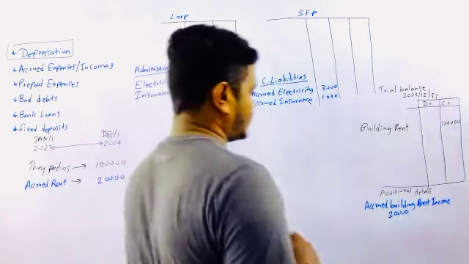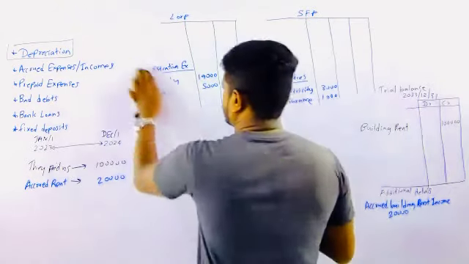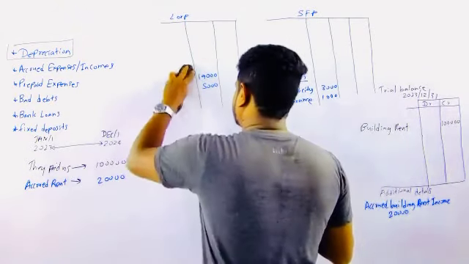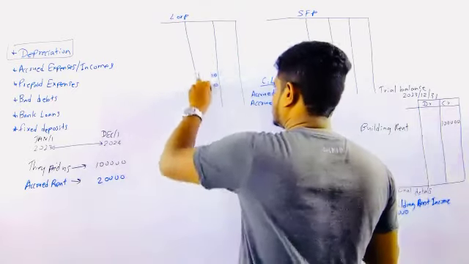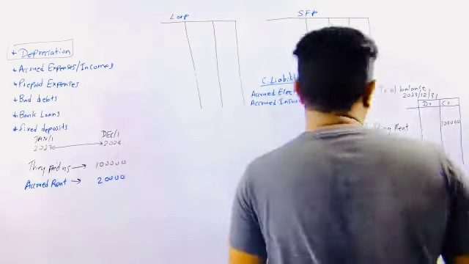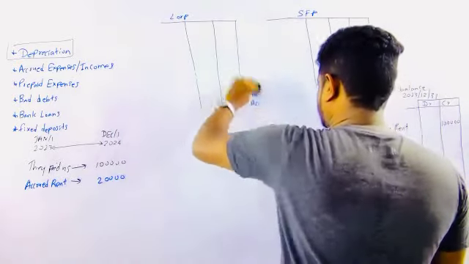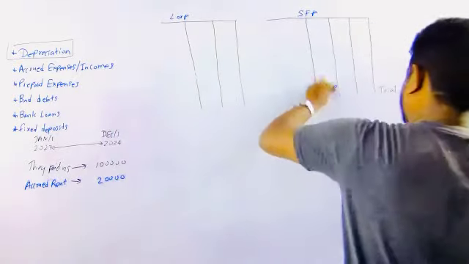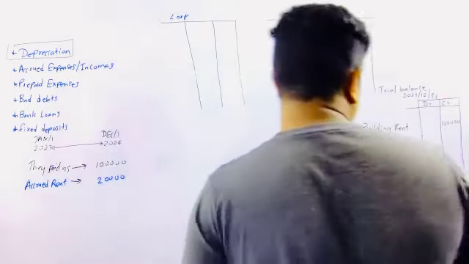So what's the meaning of this? Building rent we received 100,000 and another 20,000 to be received, right? But still they haven't paid, right?